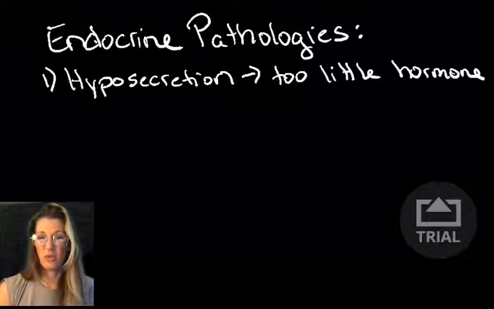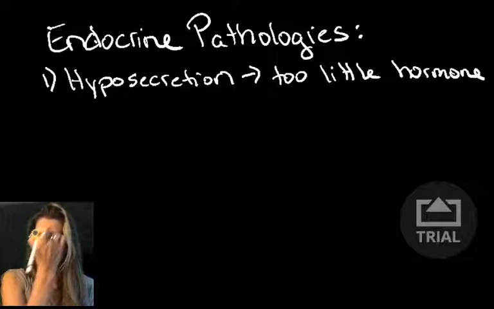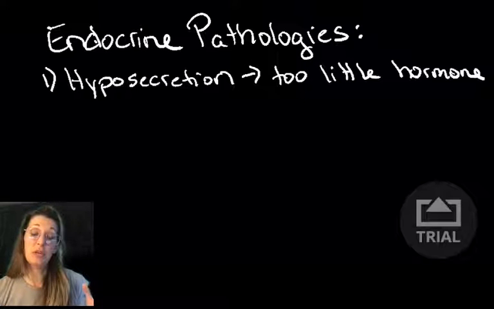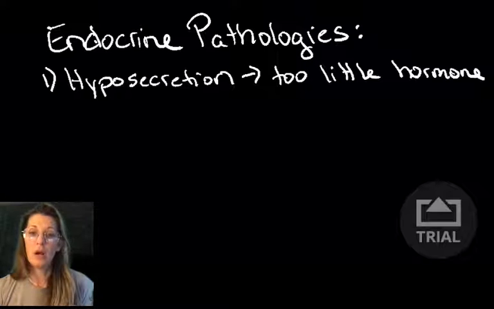Or not enough hormone. What I think about when I hear hyposecretion, the way I link it in my mind is hypoglycemia. A lot of people, when we're going through puberty, and at the same time experiencing really rapid growth, will go through a period of hypoglycemia where our blood sugar is too low very often.